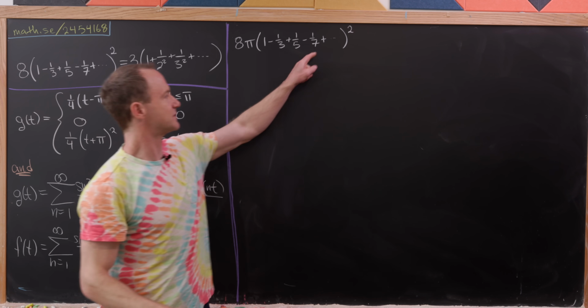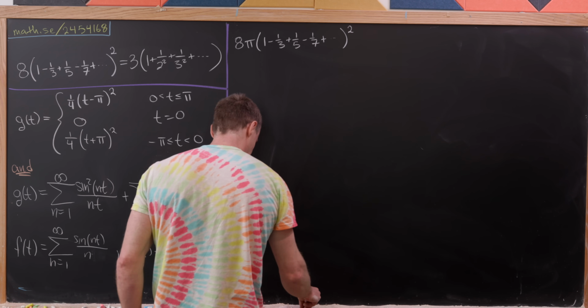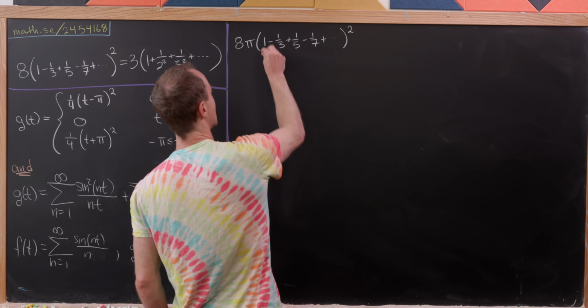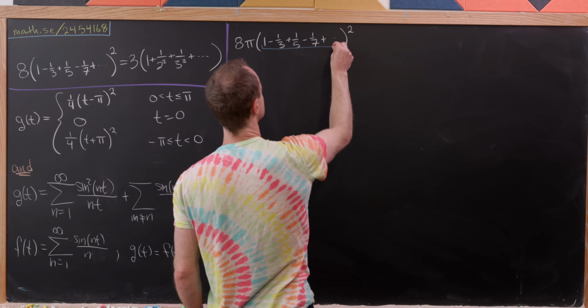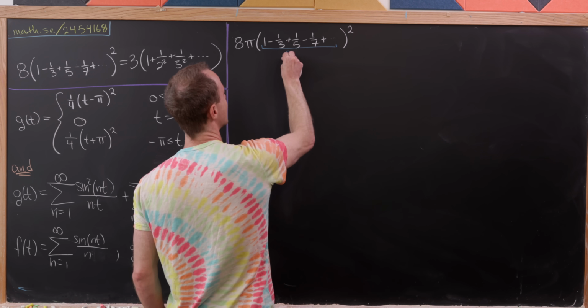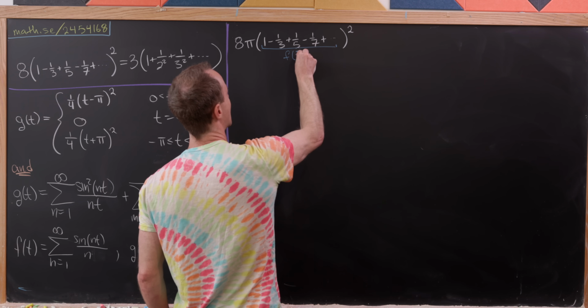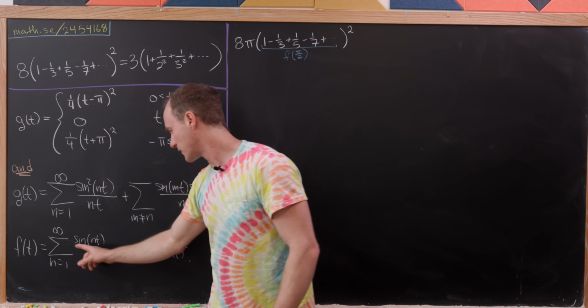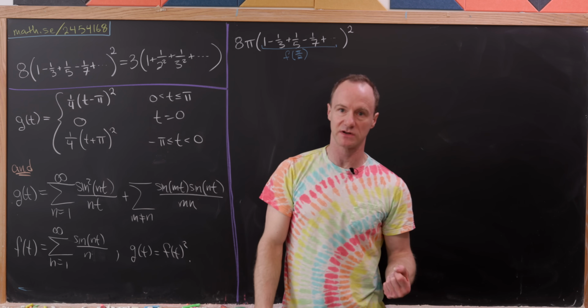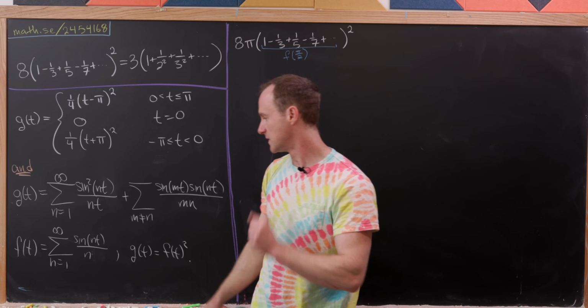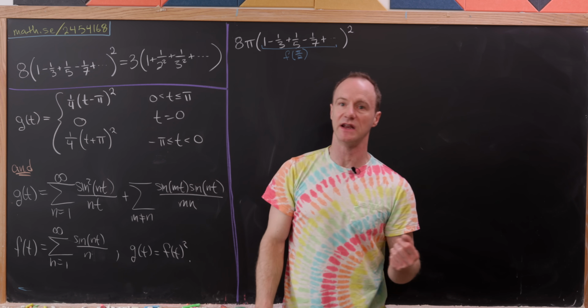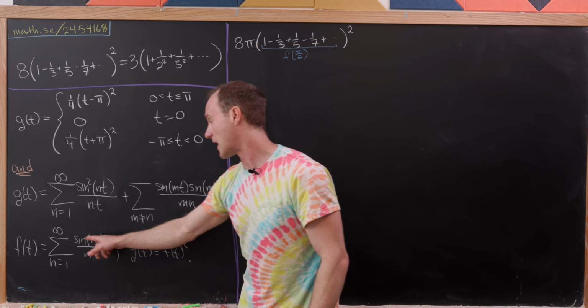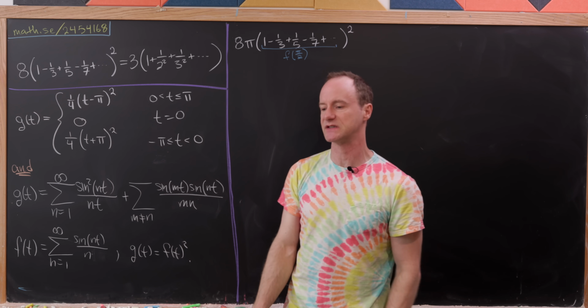But now I'd like to observe that the stuff inside of this parentheses is simply f evaluated at pi over 2. And why is that? Well, that's because if you've got an even number times pi over 2, then you'll have sine of an integer times pi, but that's going to give us 0.